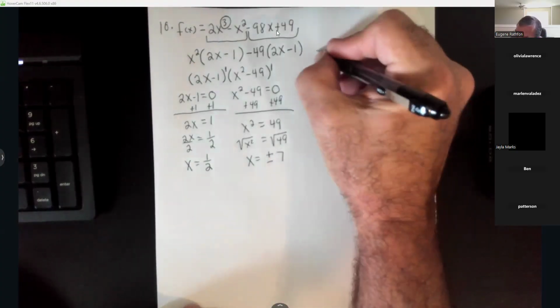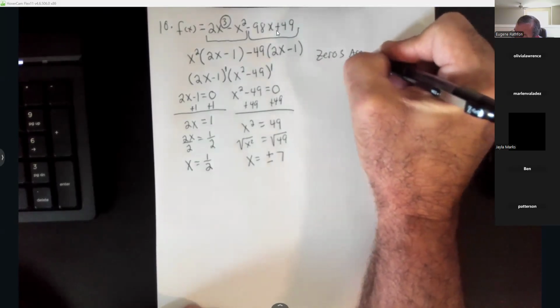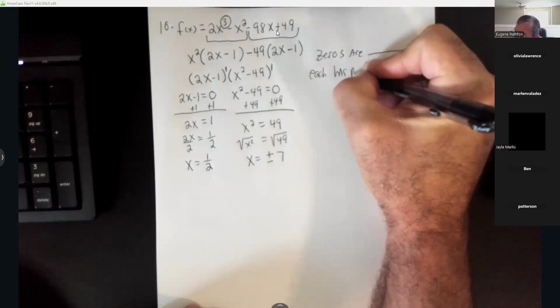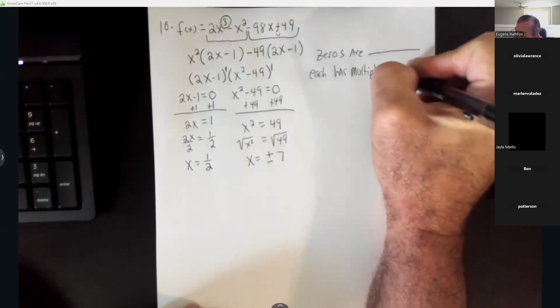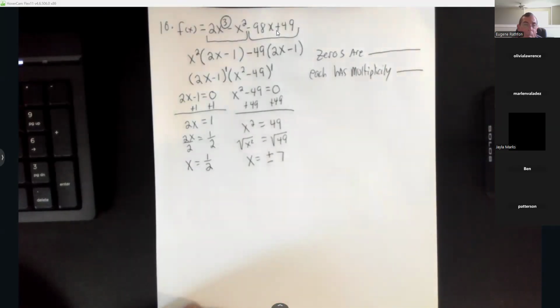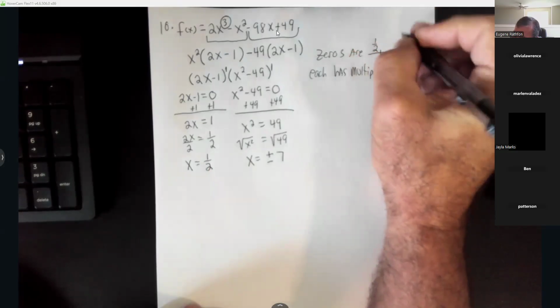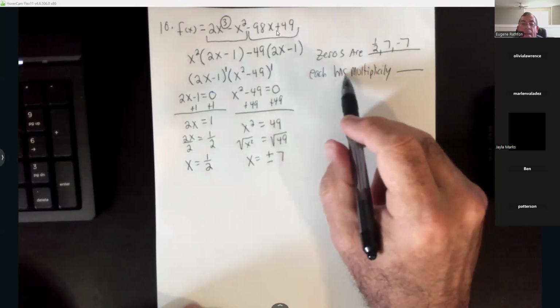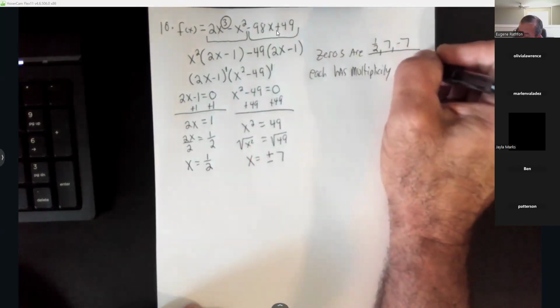So once again, the zeros are, and each has multiplicity, blank. So for that one, I would have 1/2, 7, -7, and then each one of them we said had a multiplicity of 1.